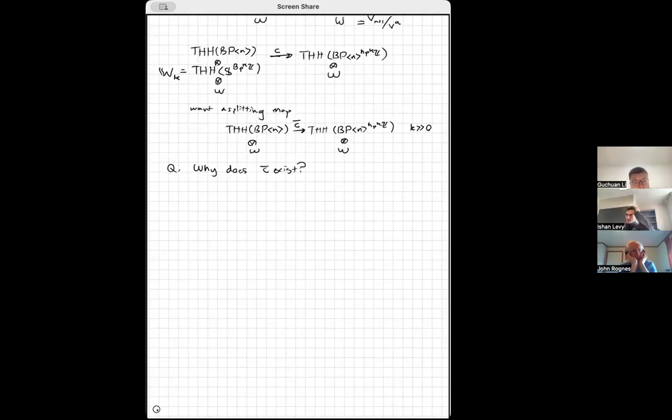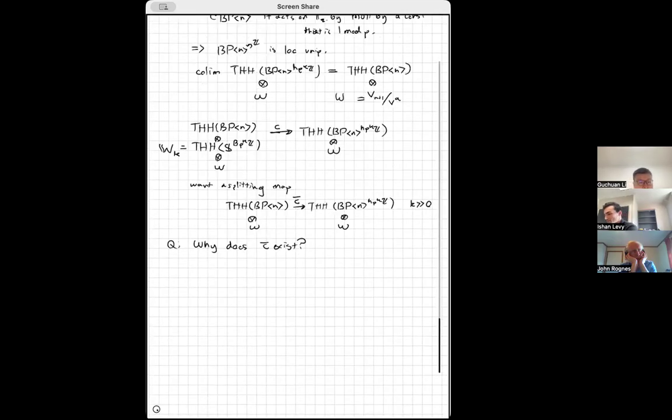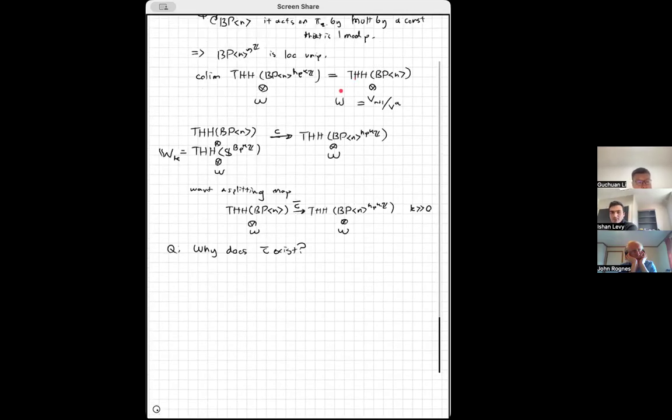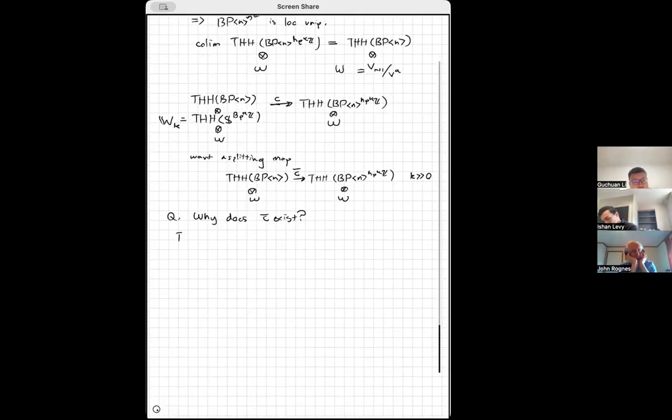And so again, as I told you, if this object was compact in cyclotomic spectra, then it would be obvious why such a map exists. But THH of BPN, tensor with W, or sorry, let's not take the fixed points right now. Yeah. So this object isn't compact in cyclotomic spectra, so you can't run that argument, but it's almost compact.